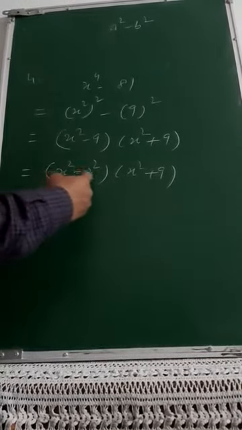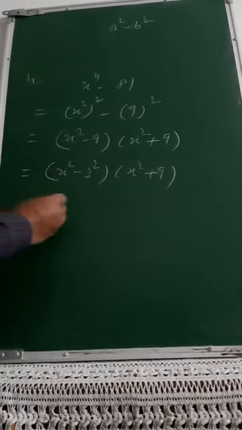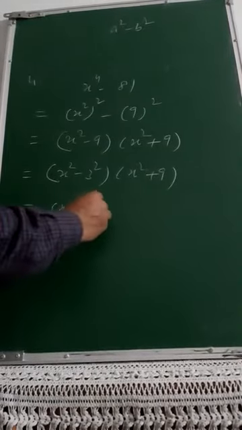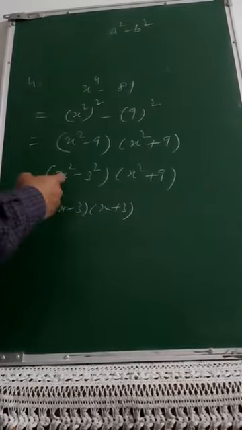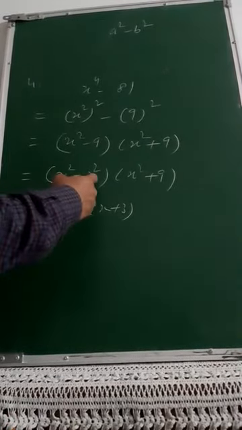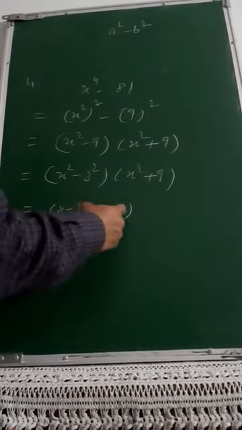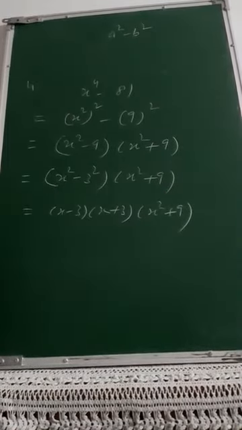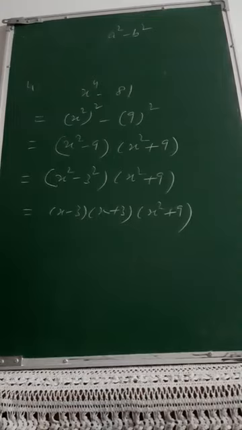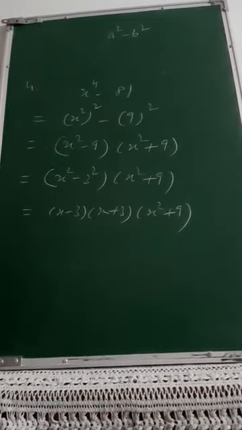Again this is lying somewhere in the form of a square minus b square. So again I have to go for a minus b into a plus b. Now my a is x and b is 3. A square minus b square, a minus b into a plus b. And then it is x square plus 9 and leave your answer here. x minus 3 into x plus 3 into x square plus 9.